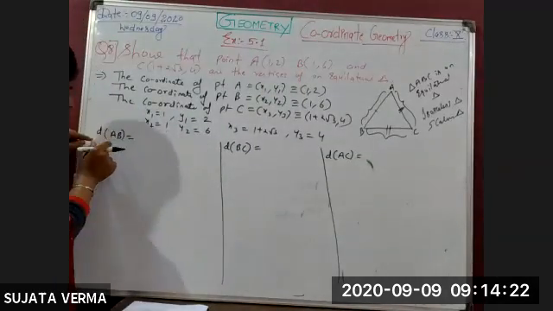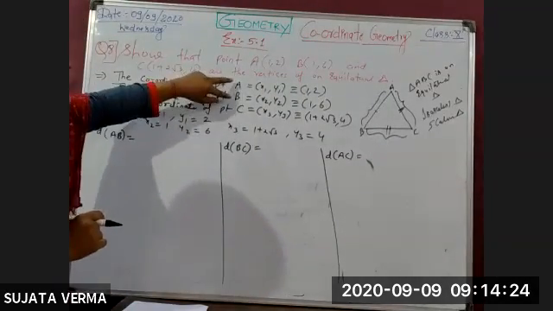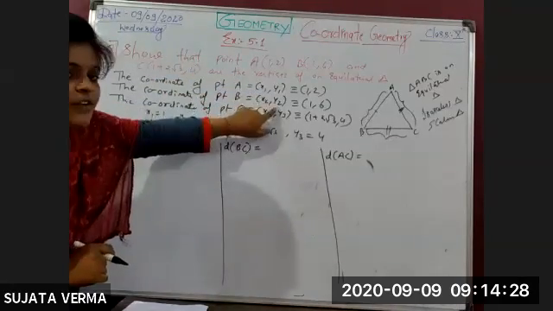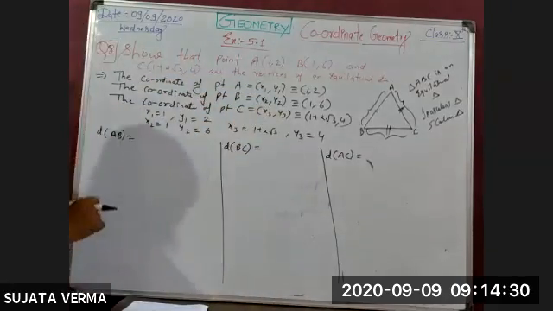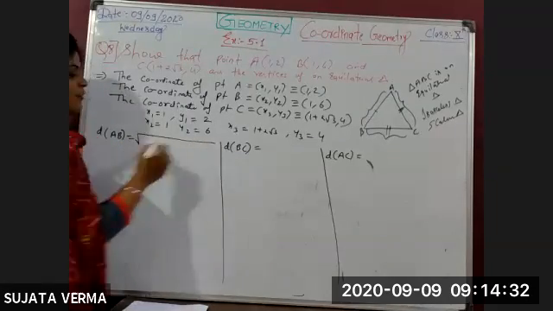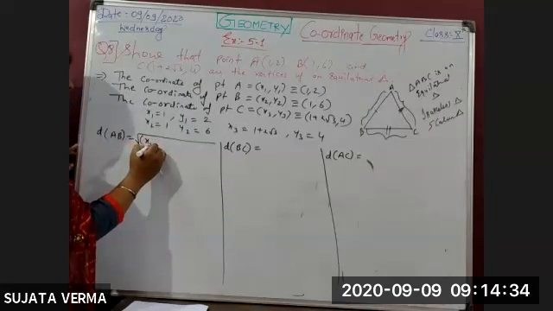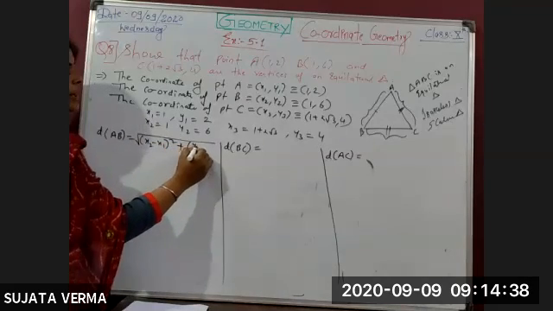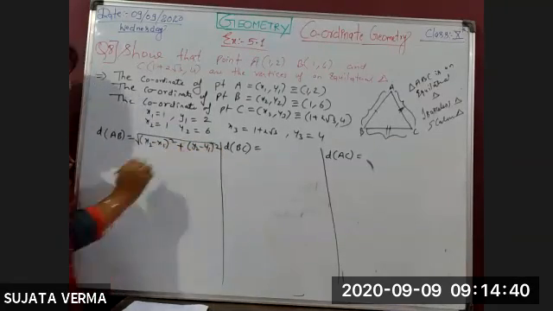So first we find the distance of AB. When we find the distance of AB, we take the coordinates x1, y1, x2, y2. Then we apply the distance formula: square root of (x2 minus x1) square plus (y2 minus y1) square.